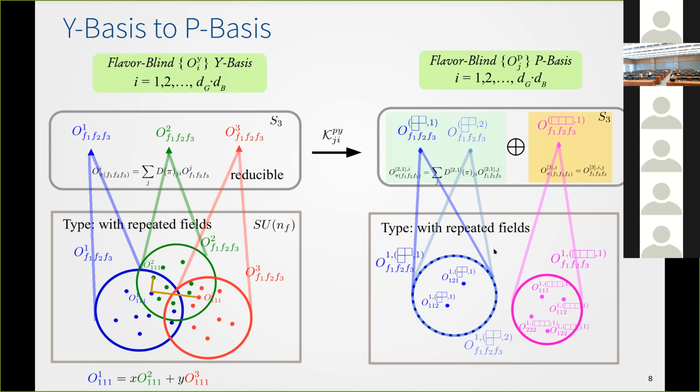And the independent components are directly determined by the corresponding semi-standard Young tableau. And you can see that from the left to the right-hand side, one can obtain the independent components of the flavor-specified operators, and the number of them is reduced from these many dots on the left-hand side.